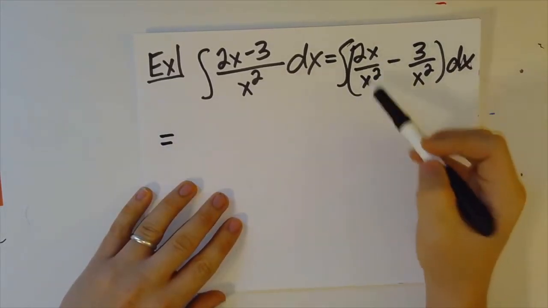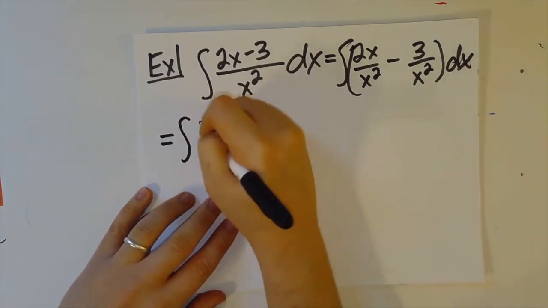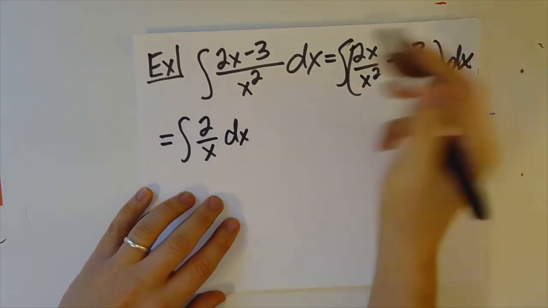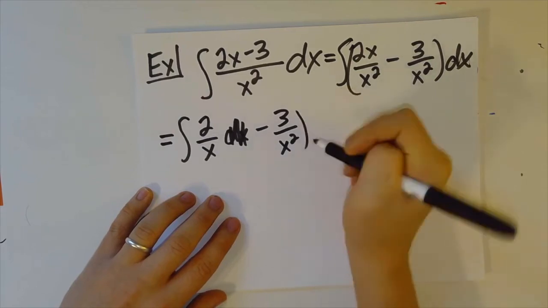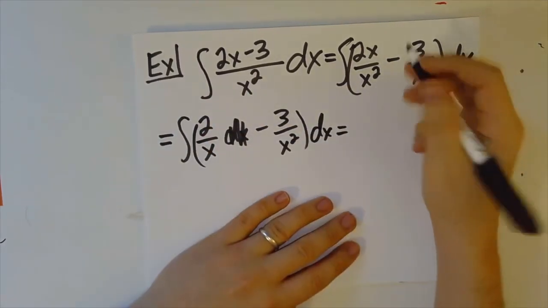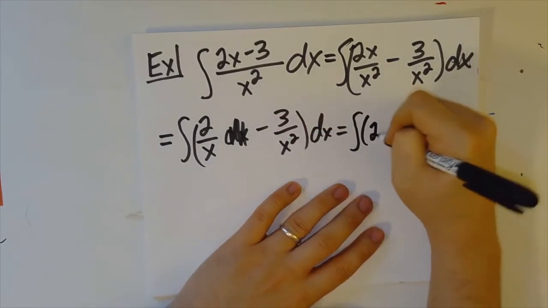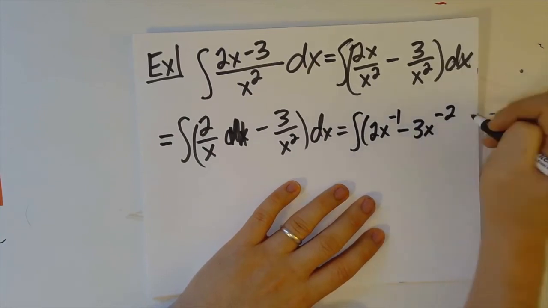And so this 2x over x squared, that's the same thing as 2 over x dx, minus 3 over x squared dx. And I can, of course, rewrite that in terms of powers.